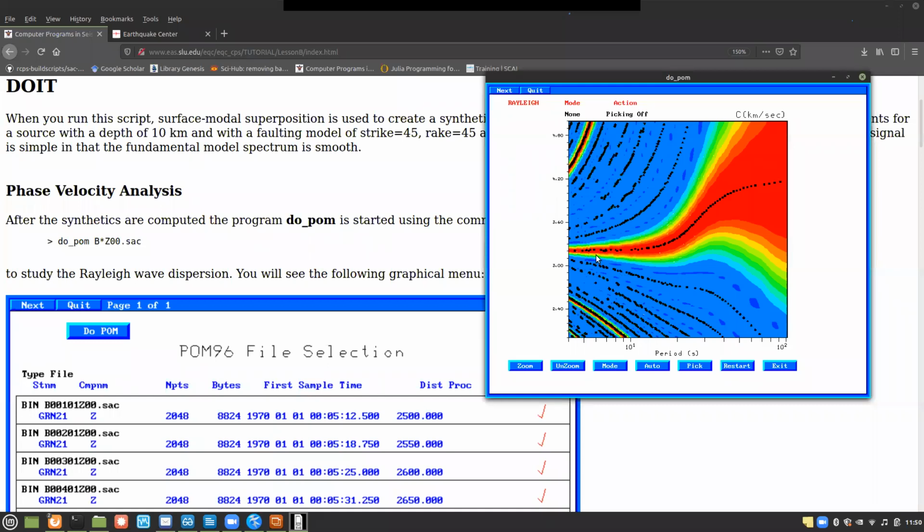Now the possible solution is the one that has the maximum amplitude. This shading gives you the amplitude scale, and these other curves. First we use a lot of stations to get rid of the phase of the earthquake signal. When the earthquake is generated, the first pulse has its own phase.